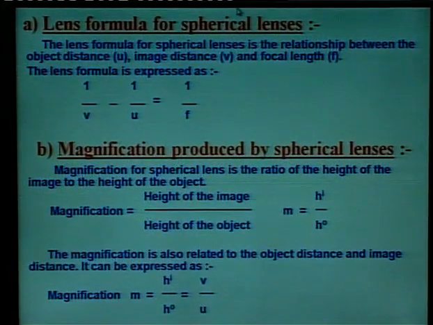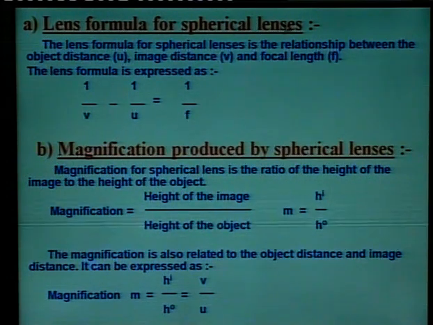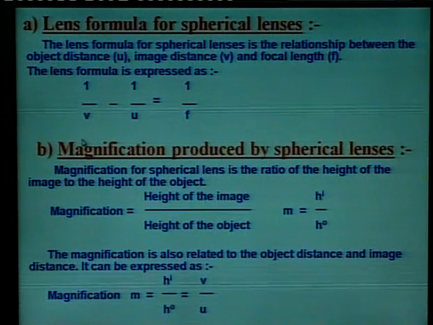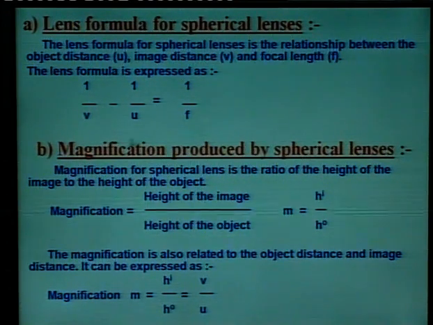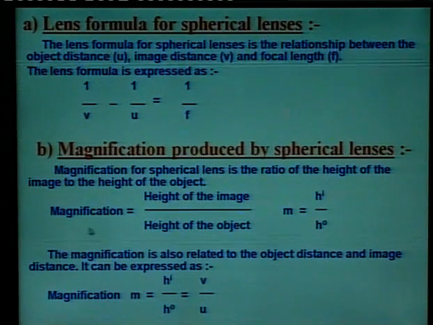So now this is the lens formula. What is the lens formula? This is the relation between u, v and f. The lens formula for spherical lenses is a relationship between the object distance u, image distance v and the focal length f. The formula for magnification produced by spherical lenses is given as height of image divided by height of object, or size of image divided by size of object.